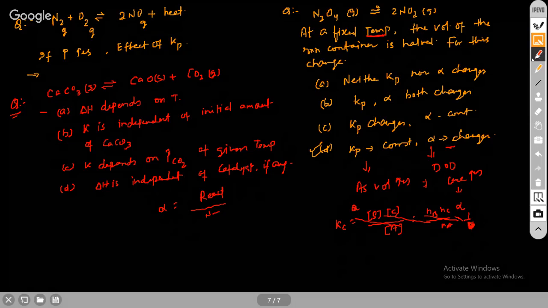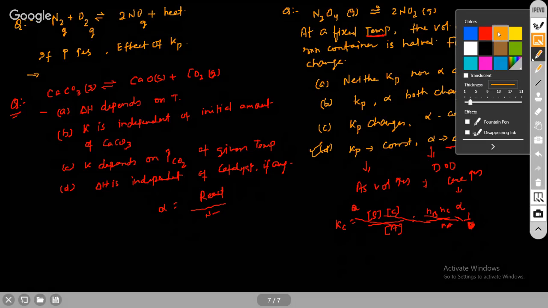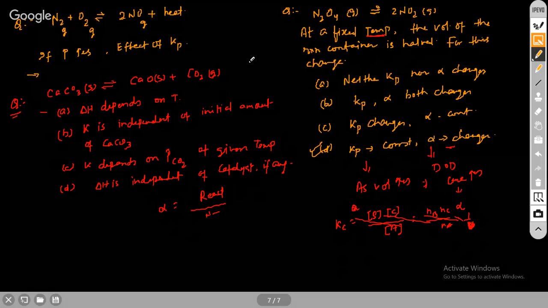See here, I'll just write down. The answer in this question will be A and B. This A and this B are correct. This is not correct and this is not correct. Suppose you have to find out del H at any temperature T2, and you know the value of del H at temperature T1.